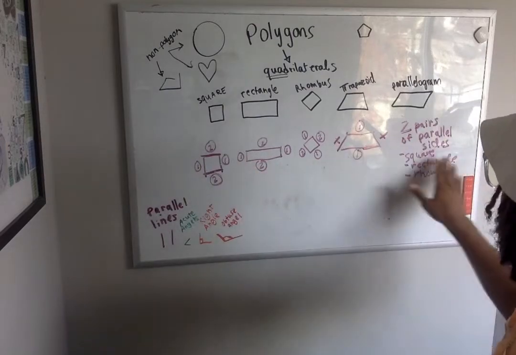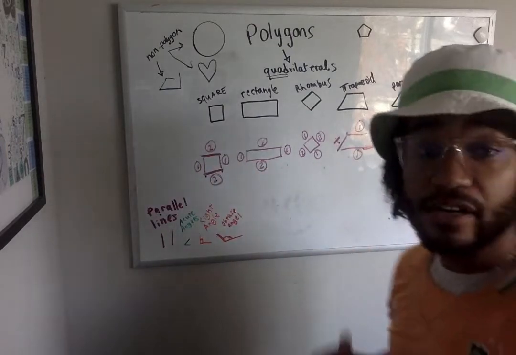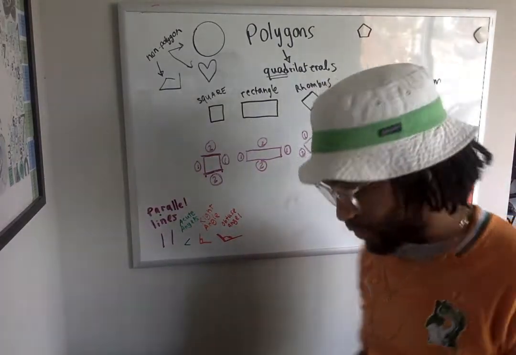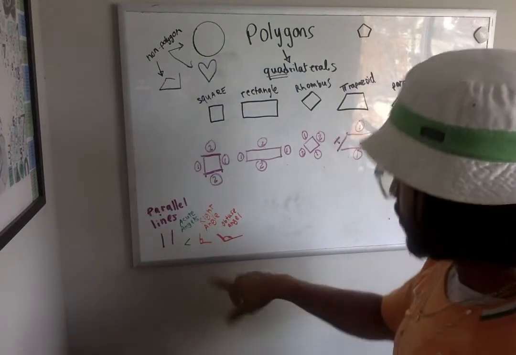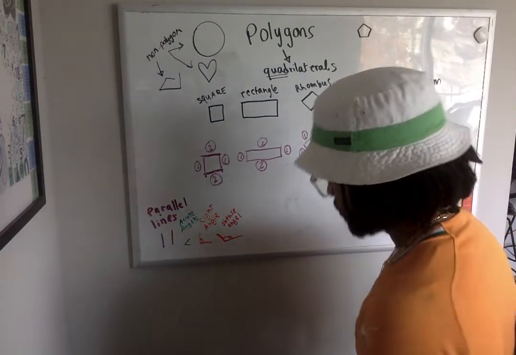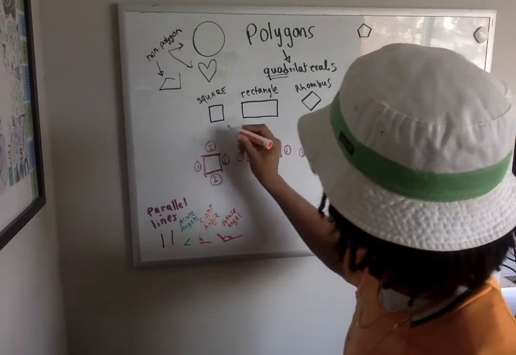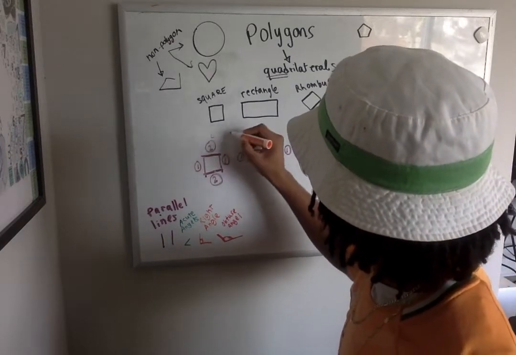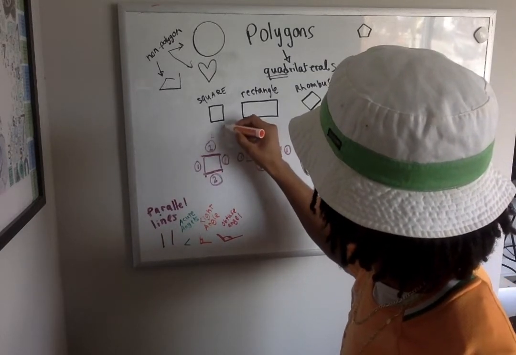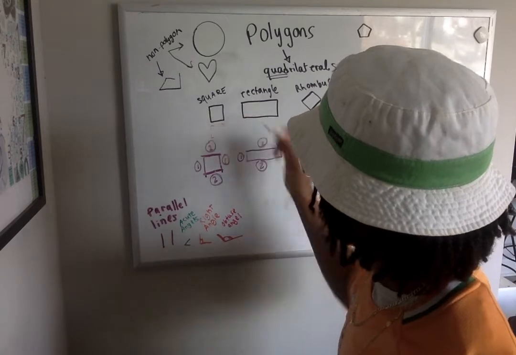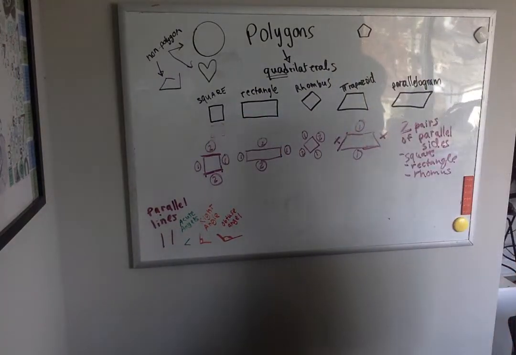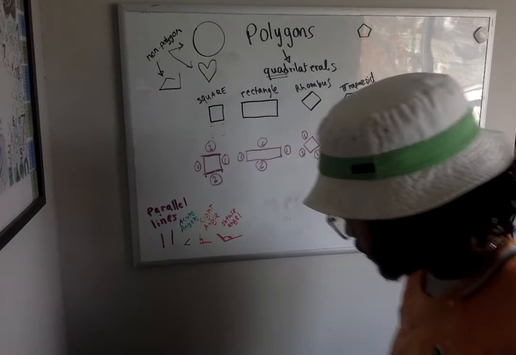Now something that is specific for a square, and I'm going to redraw it again, is that for the previous example I was just talking about the lines, right? Now I'm going to talk about the attributes in terms of the angles. And we have the right angle. So for a square, as you can see, right angle, right angle, right angle, right angle. Boom. And I'll connect those together.